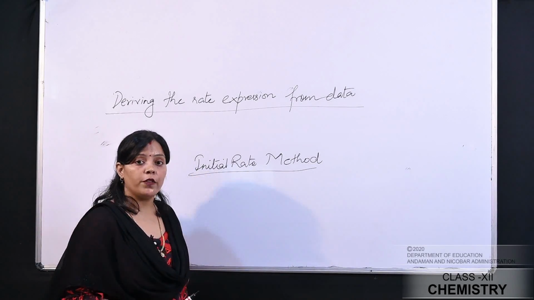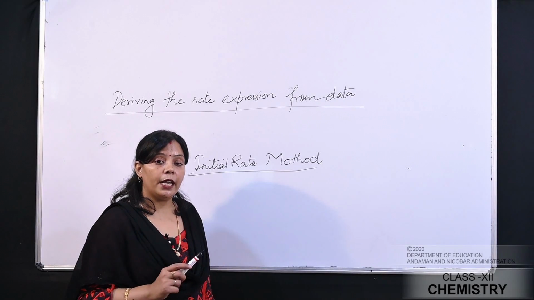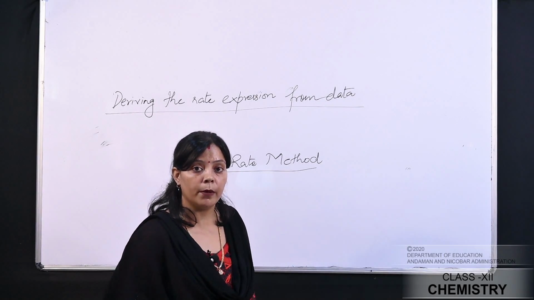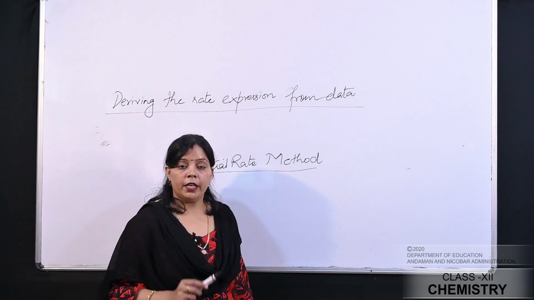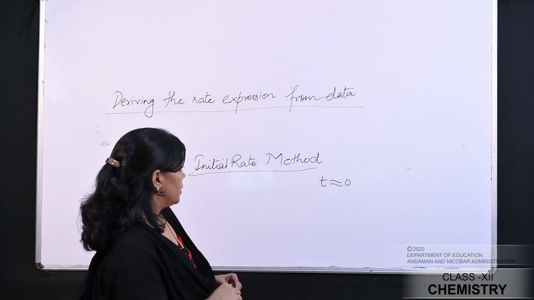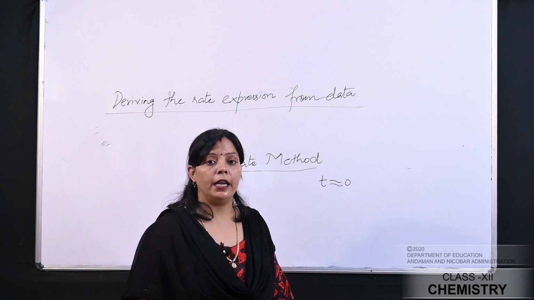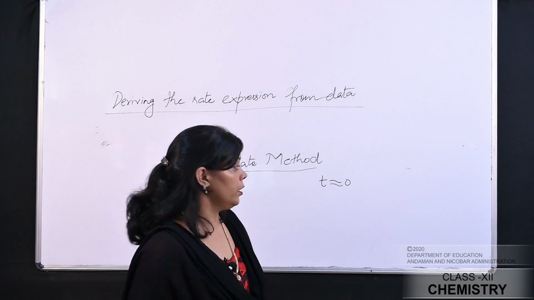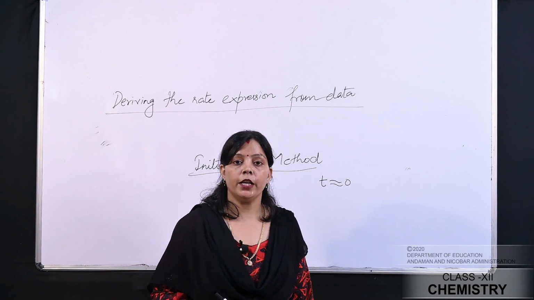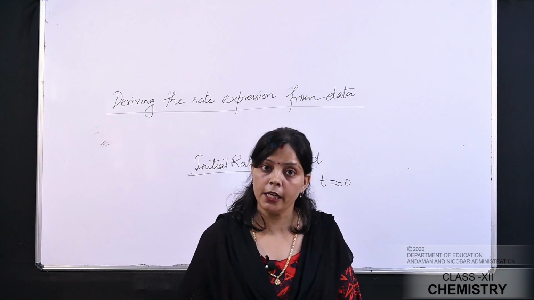First, what is the initial rate method? The initial rate of the reaction is the instantaneous rate of the reaction determined just as the reaction begins. The basic idea in the initial rate method is to determine the instantaneous rate of the reaction before the concentration of the reactant changes significantly.